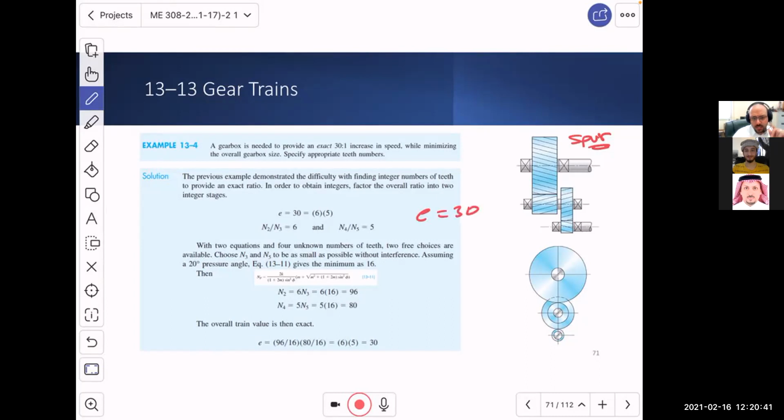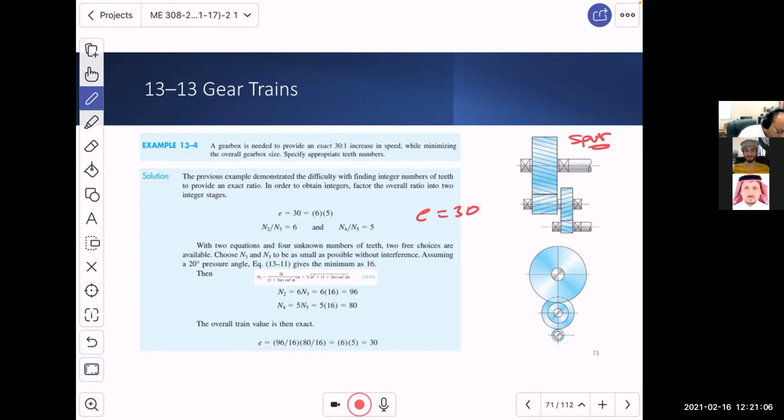He said, okay, how can I get exactly 30? Well, in the past example, we knew that the square root of 30, which indicates that the ratio is the same, is around 5.4. So he said, I don't like fractions. How about multiplying 5 by 6? Huh? Not bad.